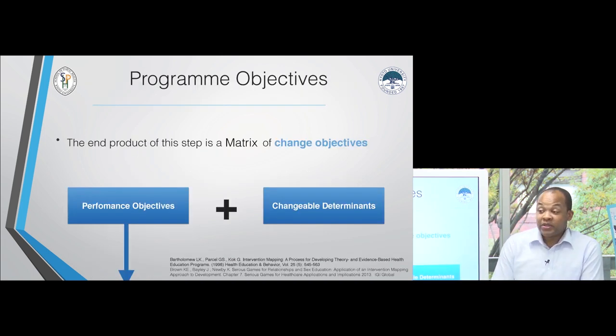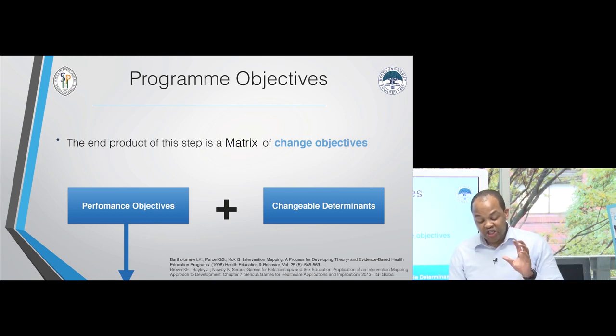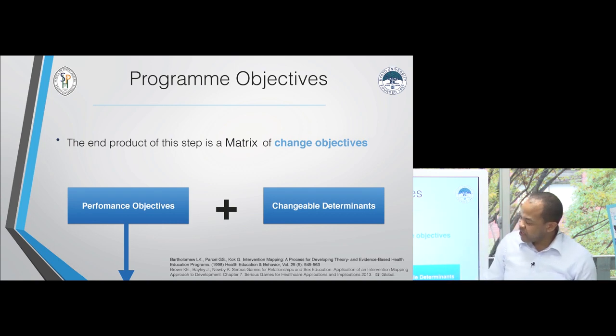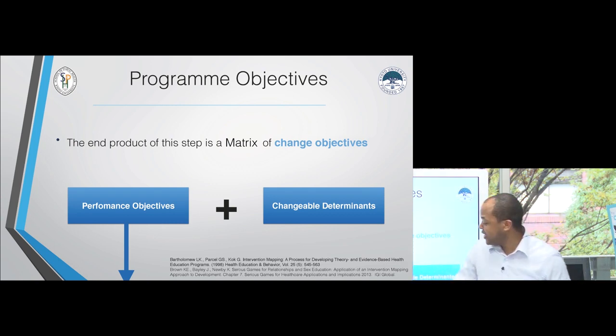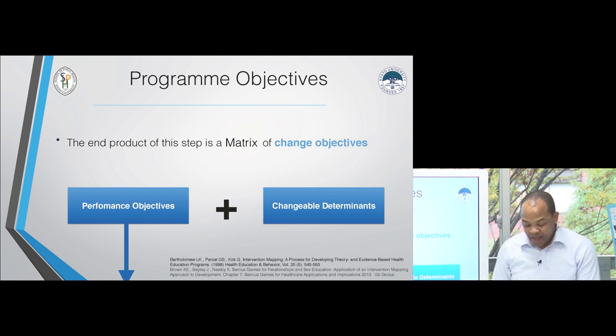And in program objectives, actually, the end product of this step is a matrix of change. A matrix of change made of change objectives. Change objectives are compiled using performance objectives and changeable determinants. In this way, let me show you.